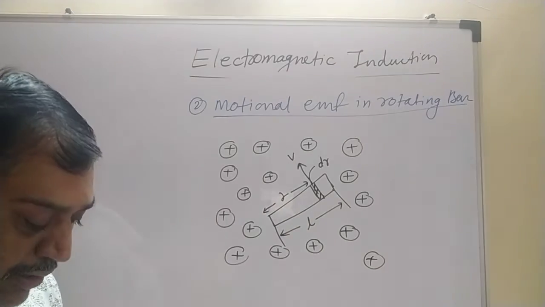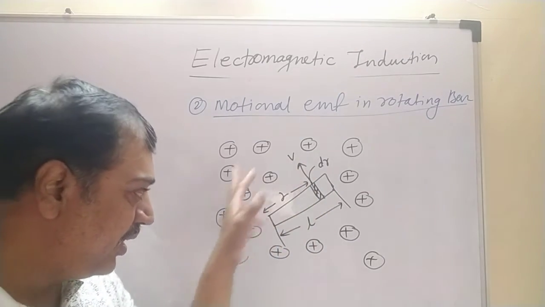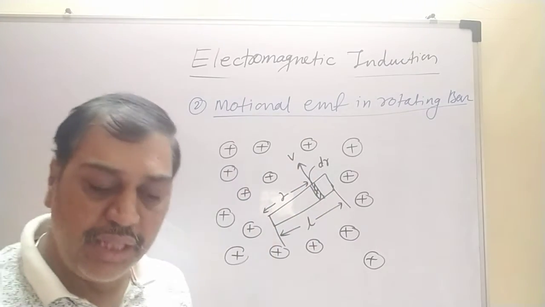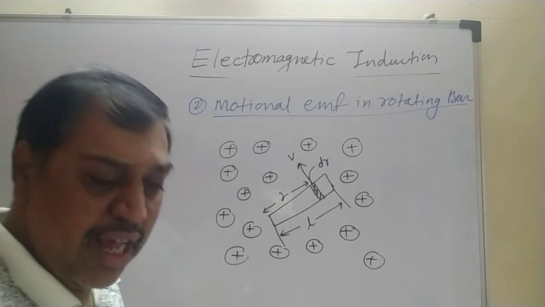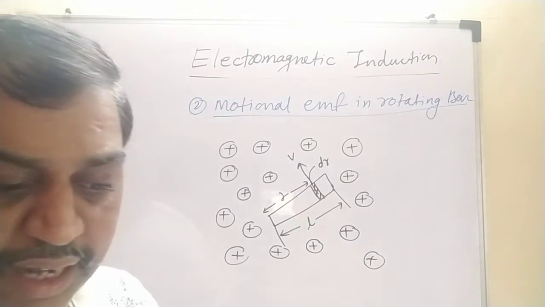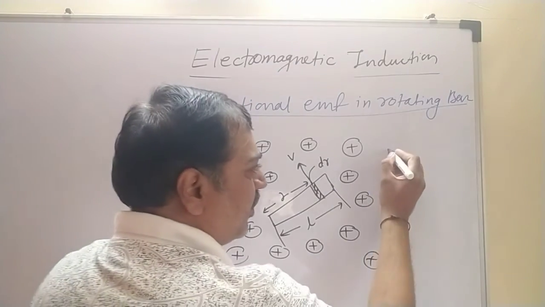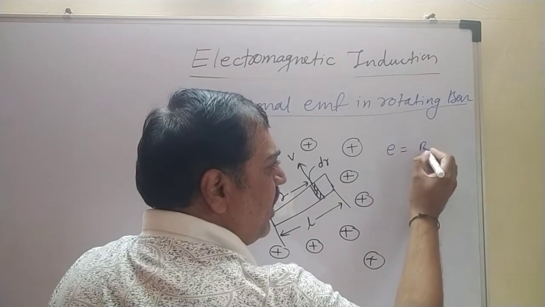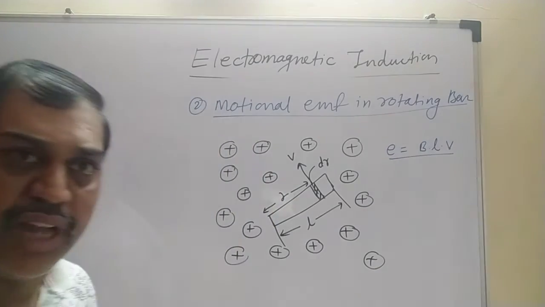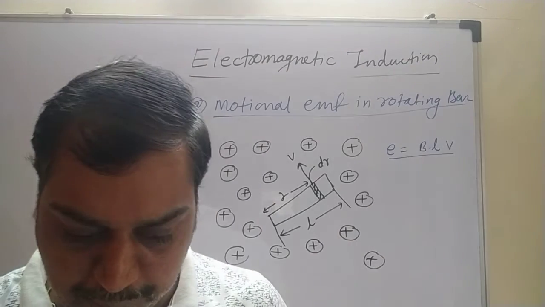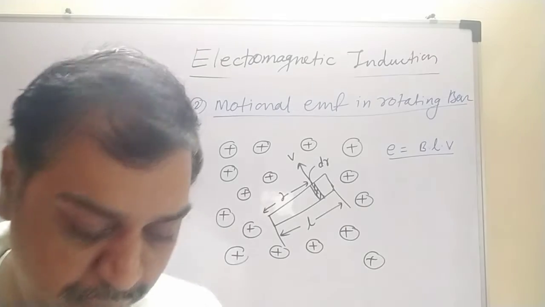Now the particle of this coil, whose length is dr, is moving with velocity v in angular motion. If you remember, for translational motion we derived the equation E equal to B into L into V. This is equation 12.10 from your book.